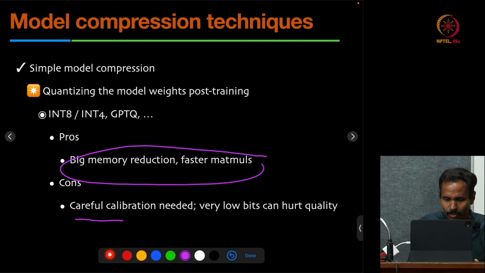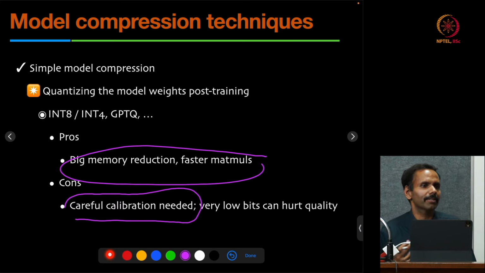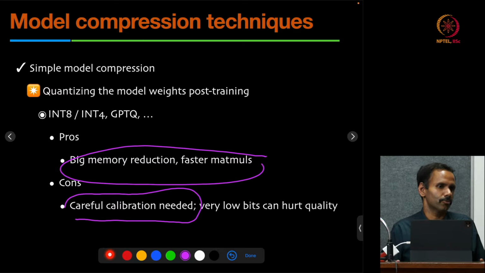The difficulty though is, it is often unpredictable. When you cut off the bits of every weight and bias, you don't have full control. Sometimes it can affect the quality, sometimes it can push the models into responses that they were never trained to do, right?